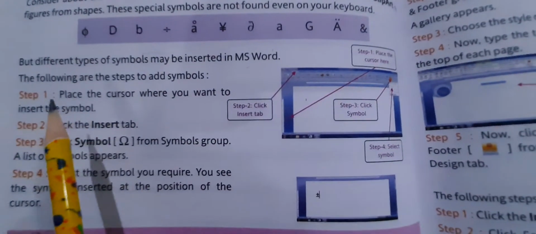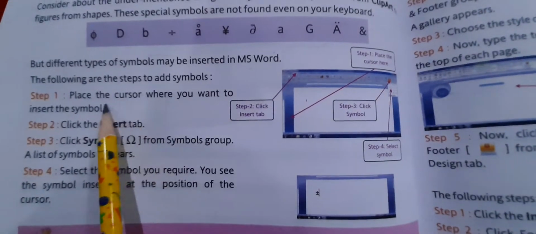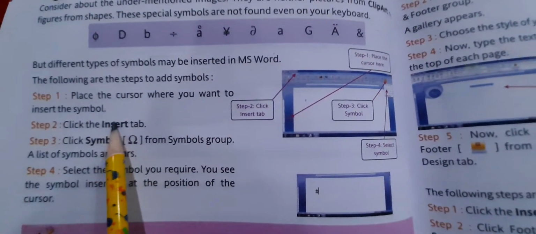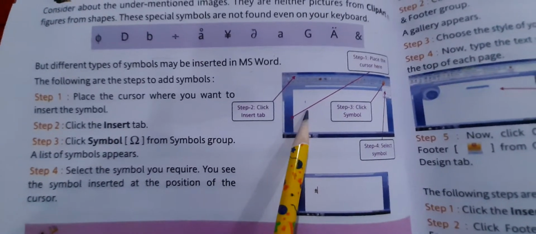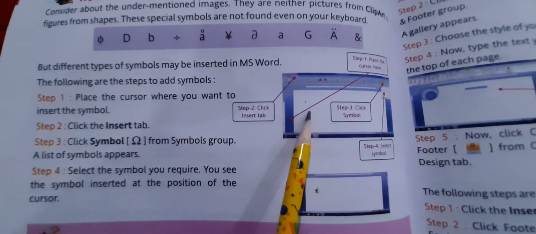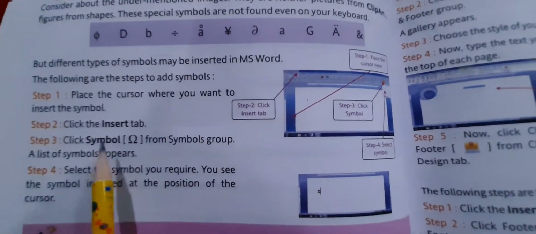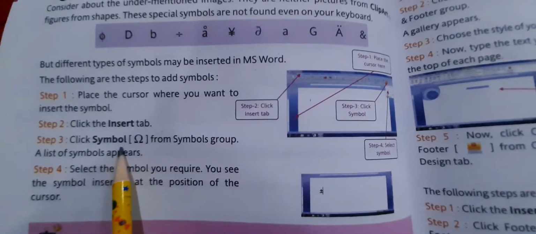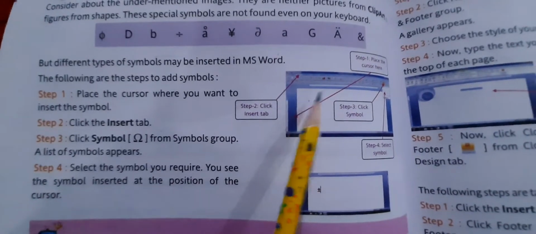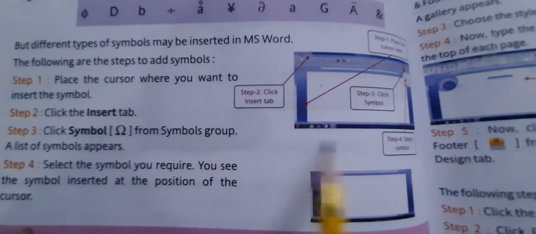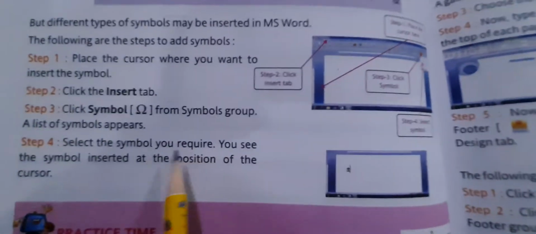How can we insert? The following are the steps to add symbols. Place the cursor wherever you want to insert the symbols. Means wherever you want to insert the symbol, you can place the cursor there. Click the insert tab. You will click on symbol. If you notice in your book, you will find this symbol option. From the symbols group, a list of symbols will appear.